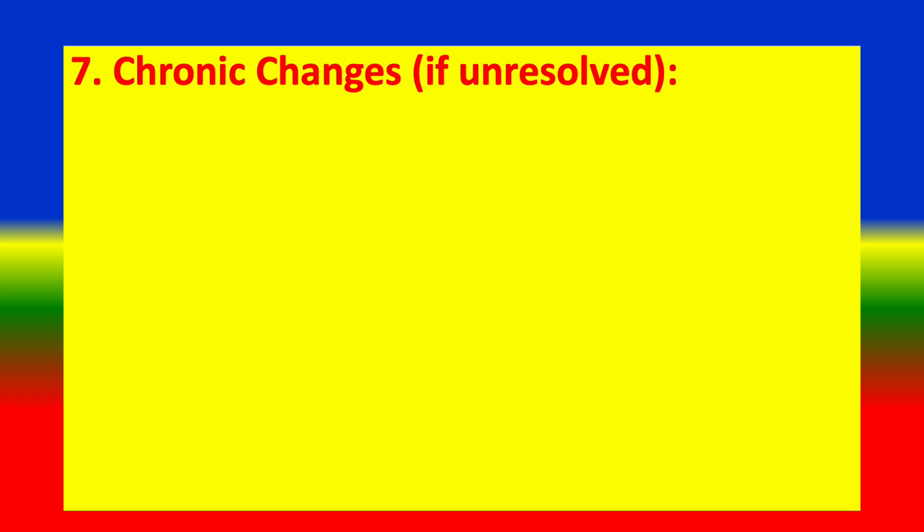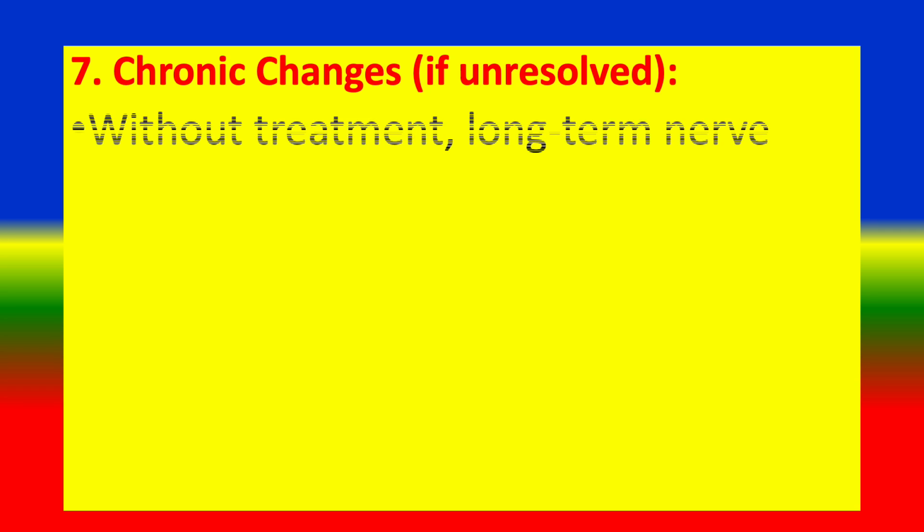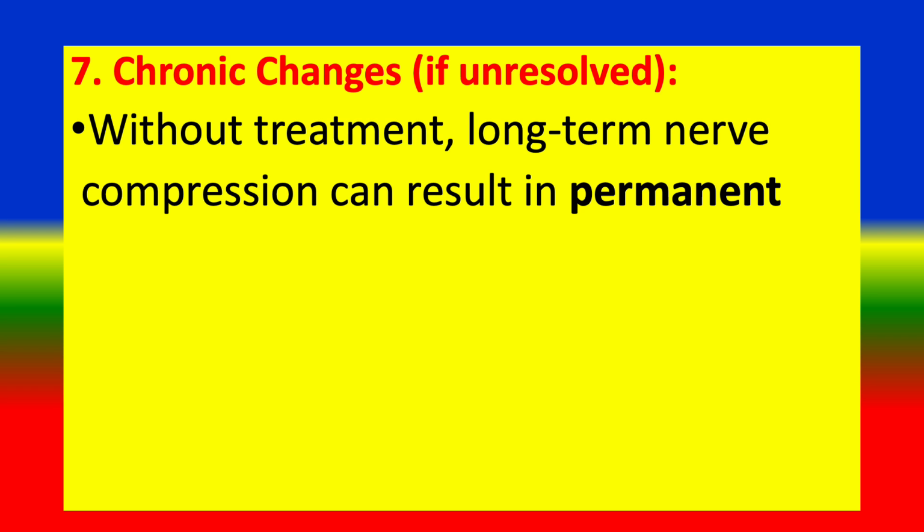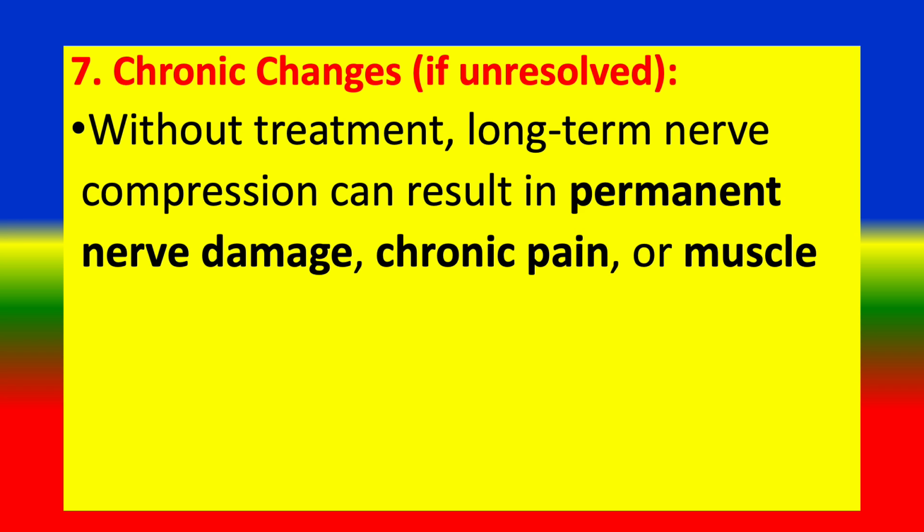7. Chronic changes if unresolved. Without treatment, long-term nerve compression can result in permanent nerve damage, chronic pain, or muscle atrophy.